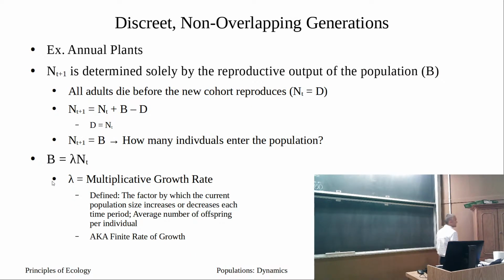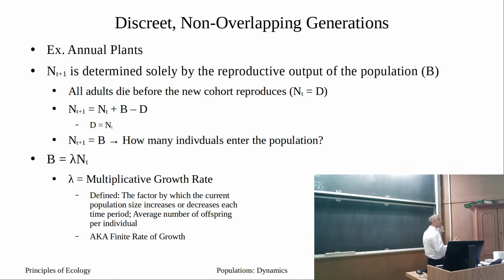A great example is annual plants. These are plants that live 1 year. They flower, they set seed, and then they die. Those adults are replaced by all of their offspring.